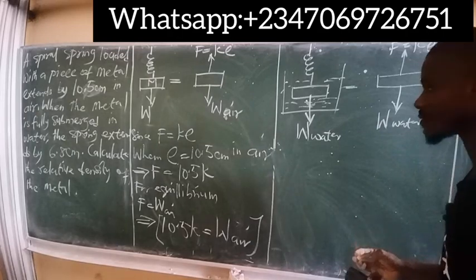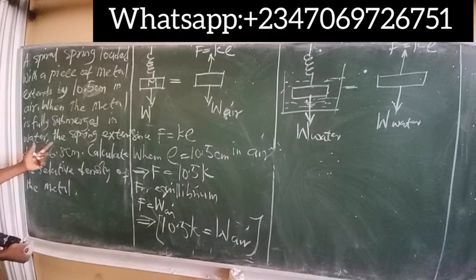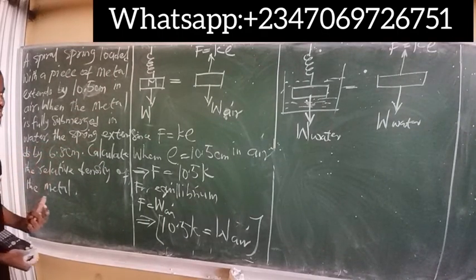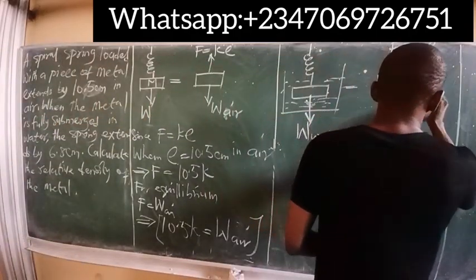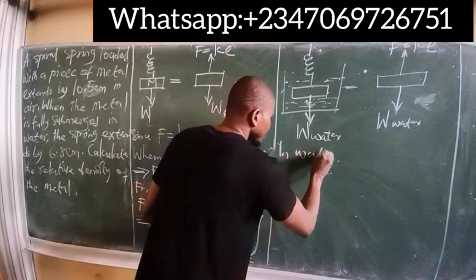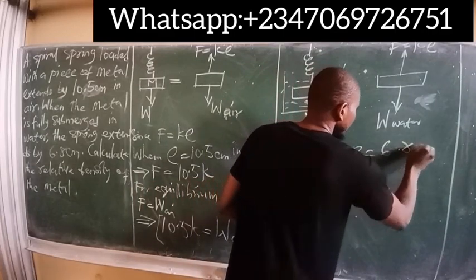So what then is the spring force? Remember, it was even here that when it is fully submerged in water, the spring extends by 6.8 centimeter. So the extension in water is e equal to 6.8 centimeter.